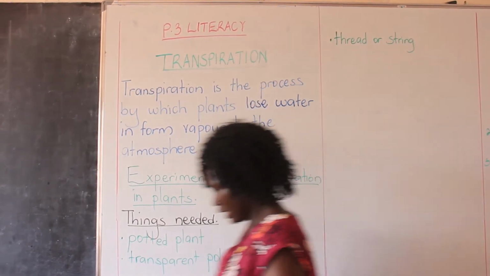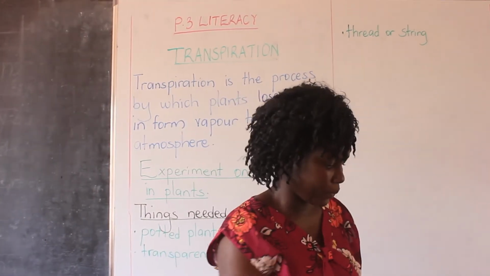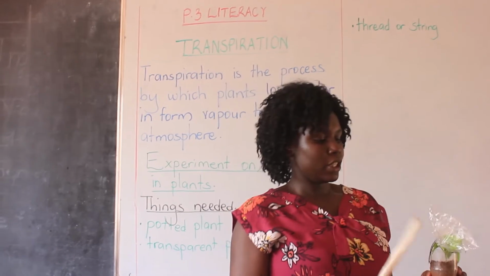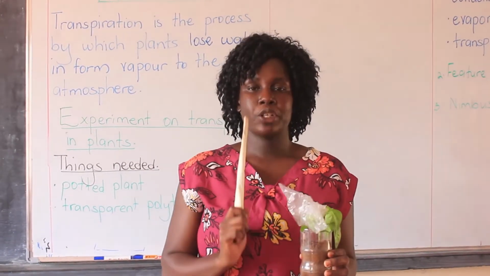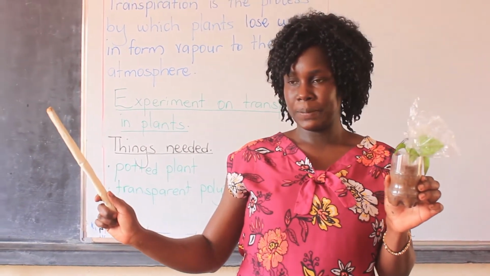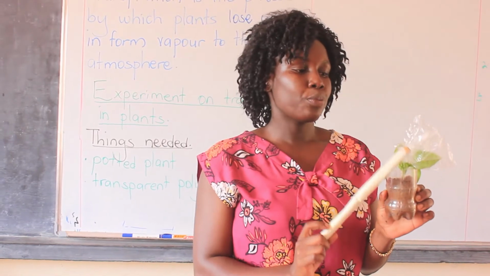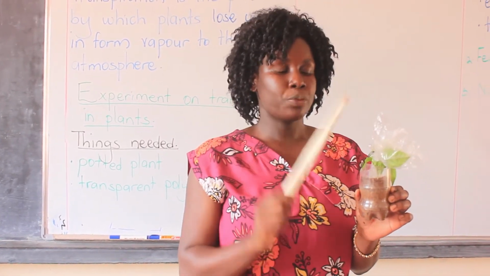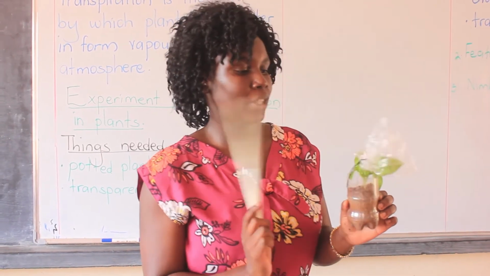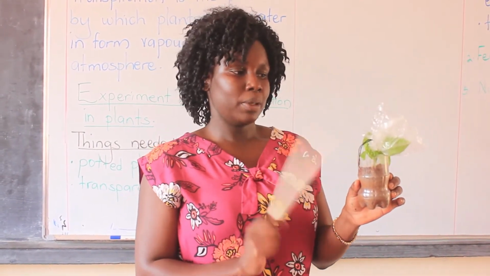Now, why do we need these two features? This polythene bag has to be transparent. Why? Because we are going to put this plant under sunshine. This transparent polythene bag will help you see through what is taking place on the plant.